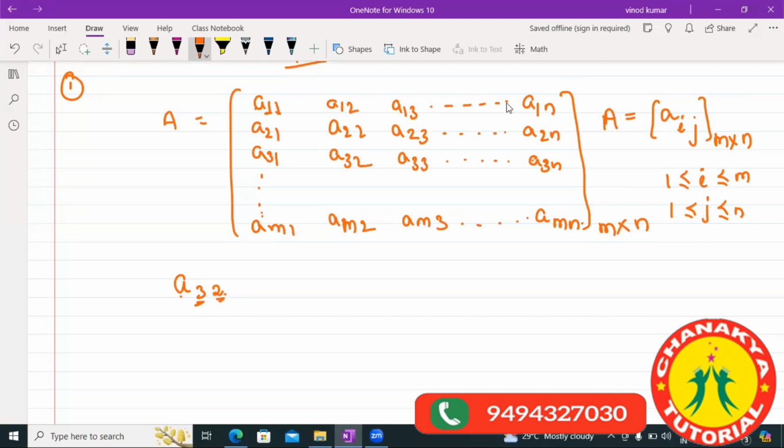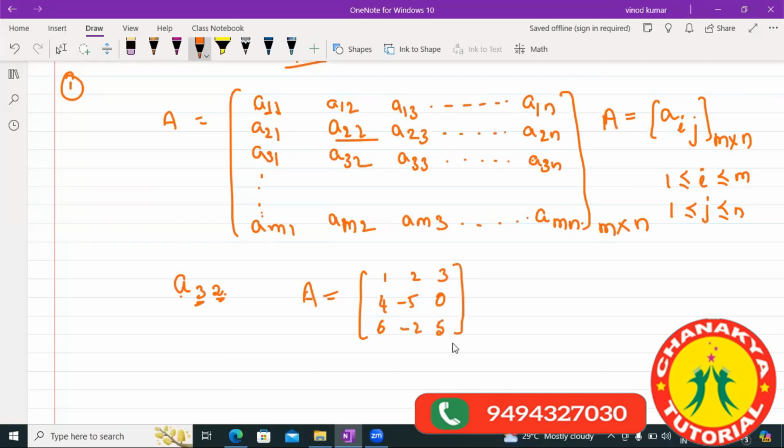Here, how many rows? 1, 2, 3, 4, 5, and so on: m rows. How many columns? 1, 2, 3, 4, and so on: n columns. For example, take 1, 2, 3, 4, minus 5, 0, 6, minus 2, 5.